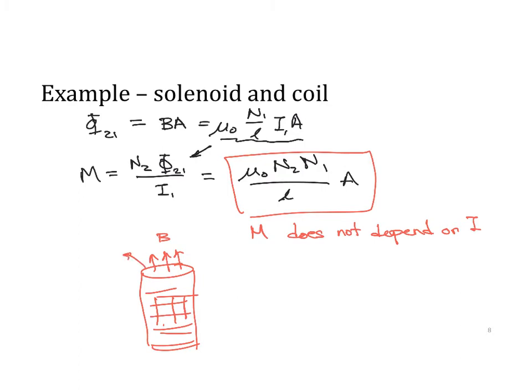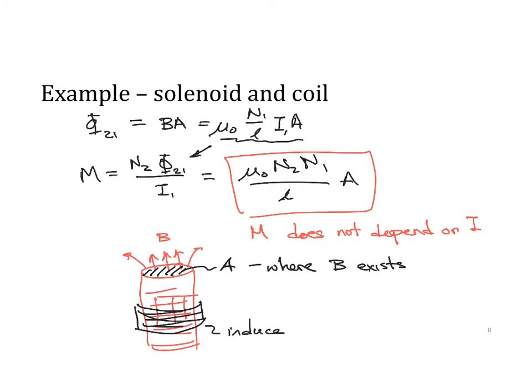And it branches out here at the ends. Our drawing had coil 2 out around coil 1, right? But away from the ends. So here's our coil 2. We're going to call this the area because that's where the magnetic field exists that is causing this flux that is making the EMF induced in coil 2.